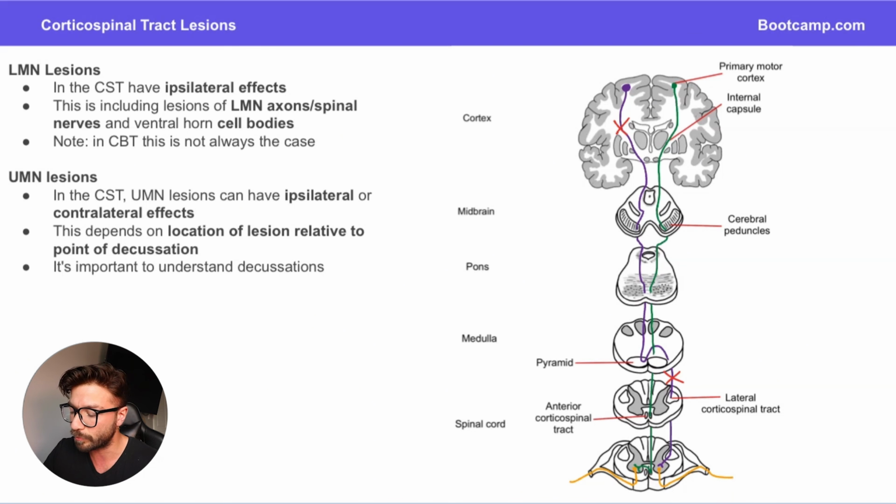So anywhere throughout the pathway, if we damage it up here, you're going to see a contralateral effect. The only way we'd see an ipsilateral effect is if we damaged it somewhere down here near that point of decussation.